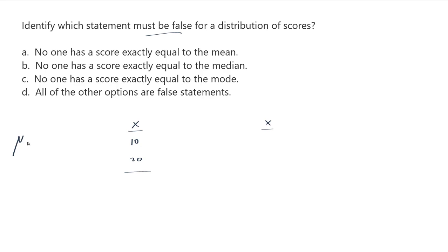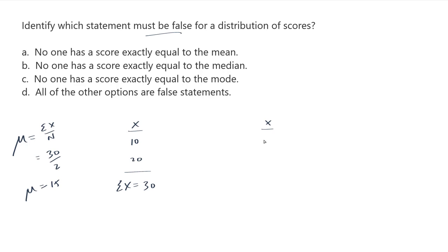Now, to find the mean, assuming that this is a population, it's going to be the sum of x over n. If you add these up, you'll get 30, and 30 divided by 2 scores is 15. So it's certainly possible that nobody in this distribution has a score exactly equal to the mean. So that is not false.